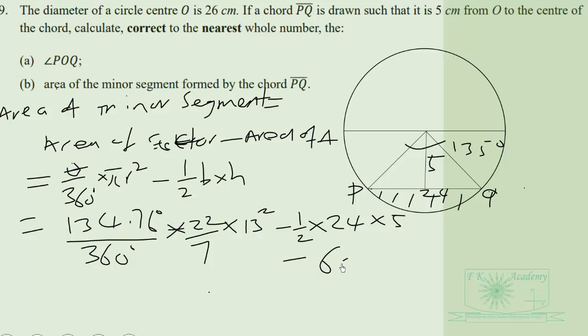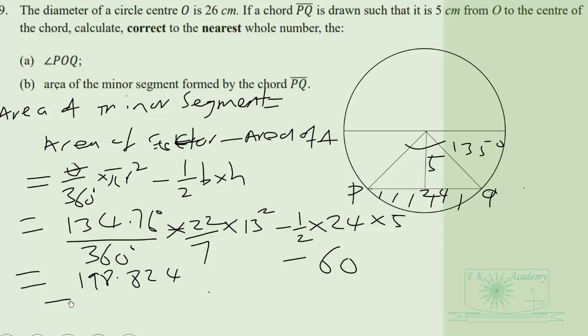So this will give us 60, and this will give us 198.8824.